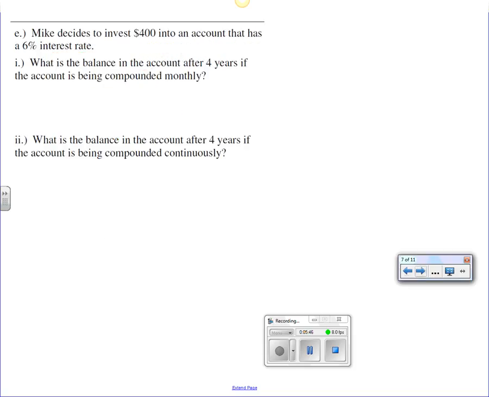Mike decides to invest $400 in an account that has a 6% interest rate. What is the balance in the account after 4 years if the account is being compounded monthly? So compounded monthly is your key word. That means you're using the compound formula, A equals P(1 plus r over n) to the nt.